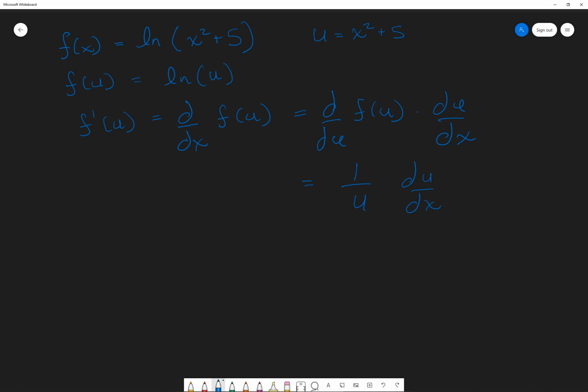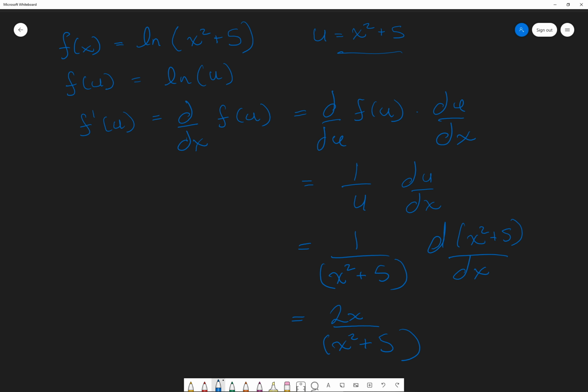Okay, so what's u? Well, we have that right here. So we have 1 over u. We can back substitute x squared plus 5 for u. And then we need d of x squared plus 5 by dx, which is just 2x. So at the end of the day, we have 2x over x squared plus 5.